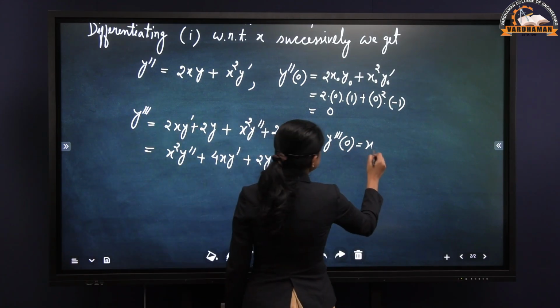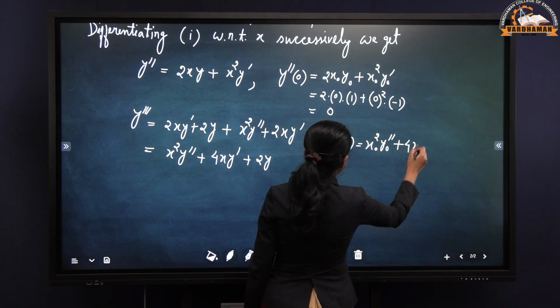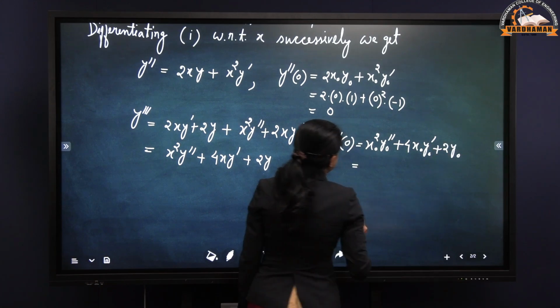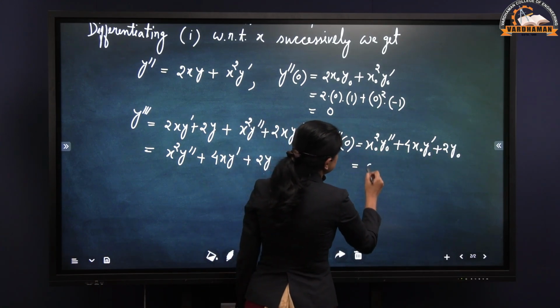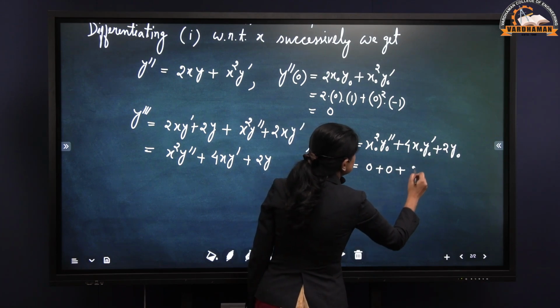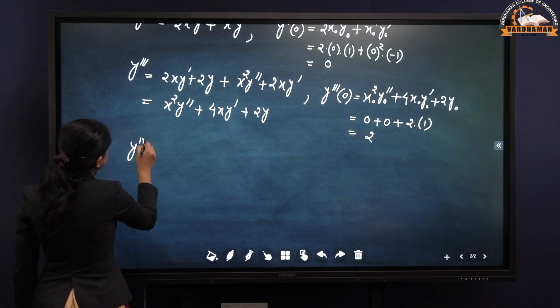What we will get? x₀²y₀'' + 4x₀y₀' + 2y₀. x₀ is 0, so this term will be 0. Plus here also x₀ is 0, so this term will also be 0. Plus 2 into y₀, this will be 2 into 1. So we get 2.